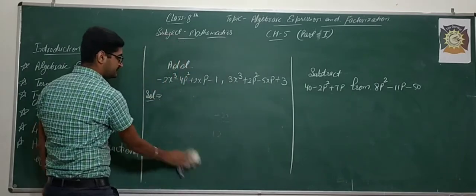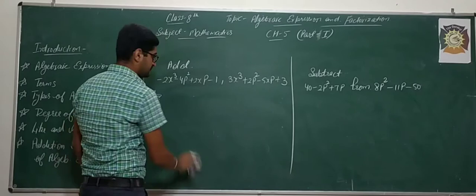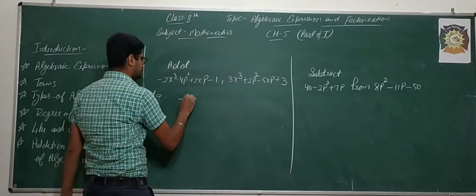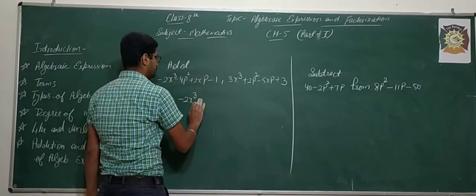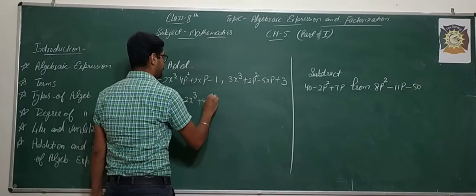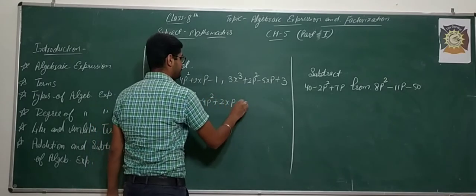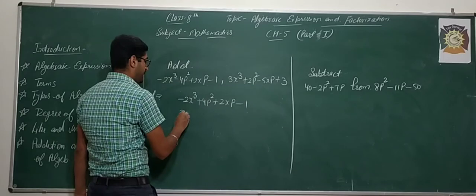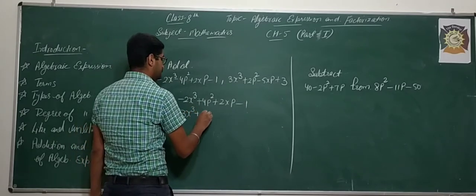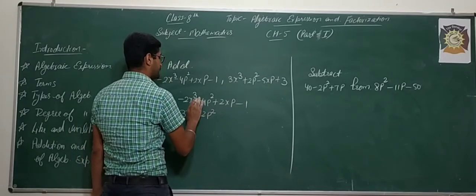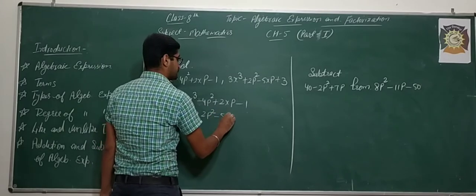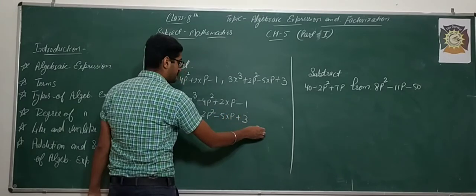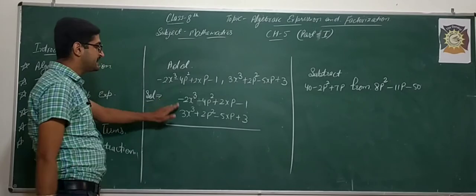You can write it like this, in the form minus 2x cubed minus 4p square plus 2xp minus 1, and 3x cubed plus 2p square minus 5xp plus 3. We have to add these two.